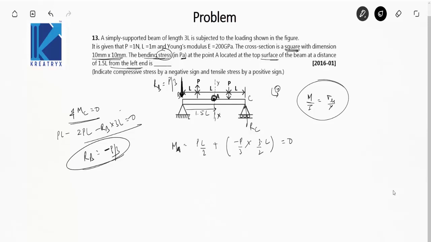So when you solve this, this becomes 0. So there is no moment at the cross section passing through A. That implies sigma B will be 0. Okay, so 0 is your answer. Next question.